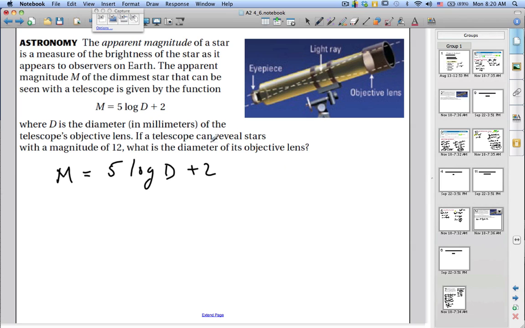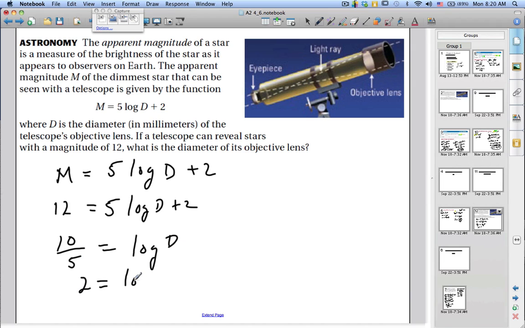So if my telescope can reveal stars with a magnitude of 12, so 12 goes in for the magnitude, 5 log d plus 2. So I'm going to subtract 2, and I'm also going to divide by 5. 10 divided by 5 is 2, is equal to log of d.